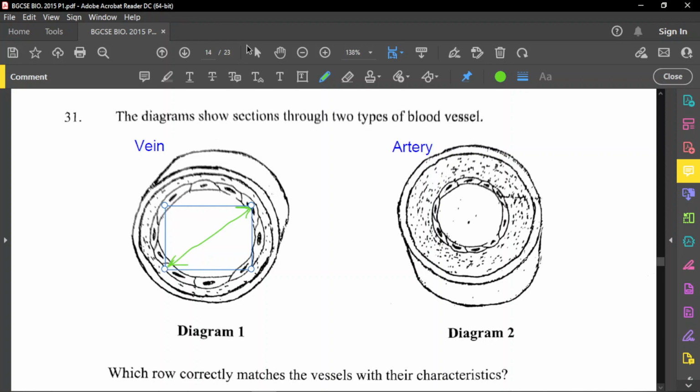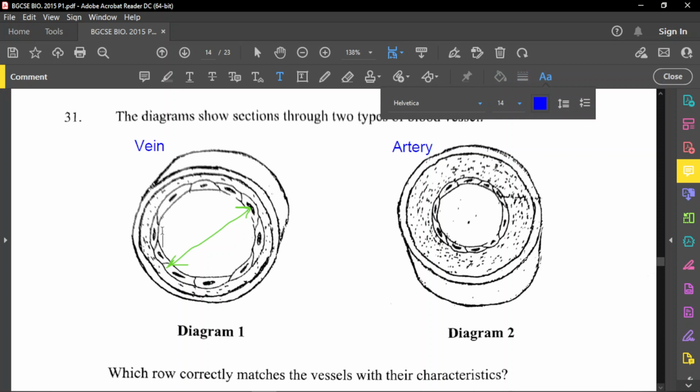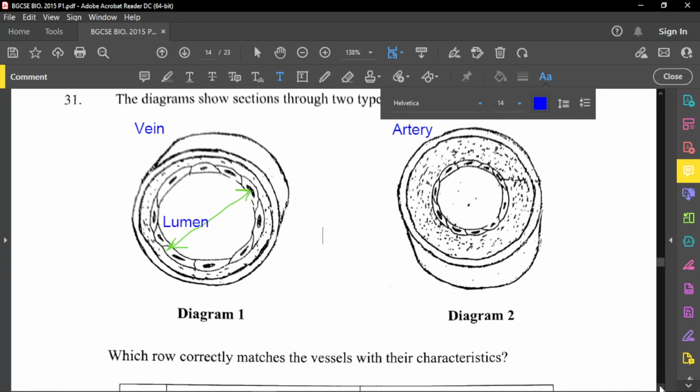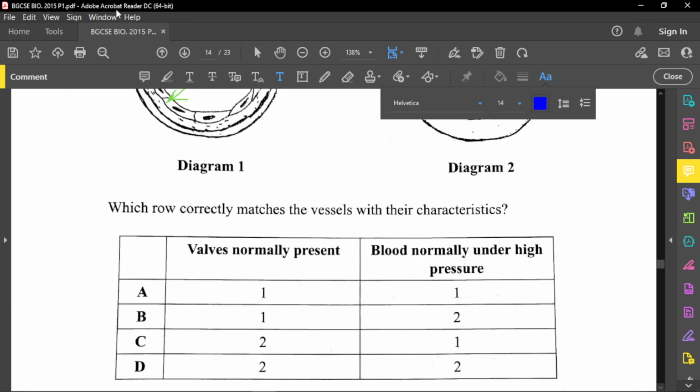Let's type that in. The lumen of the vein is wider compared to that of the artery. So the lumen is the cross-sectional area of the tubular part, or the opening of the vessel. Arteries have a narrow lumen, veins have a wider lumen. It asks which row correctly matches the vessel with its characteristics.